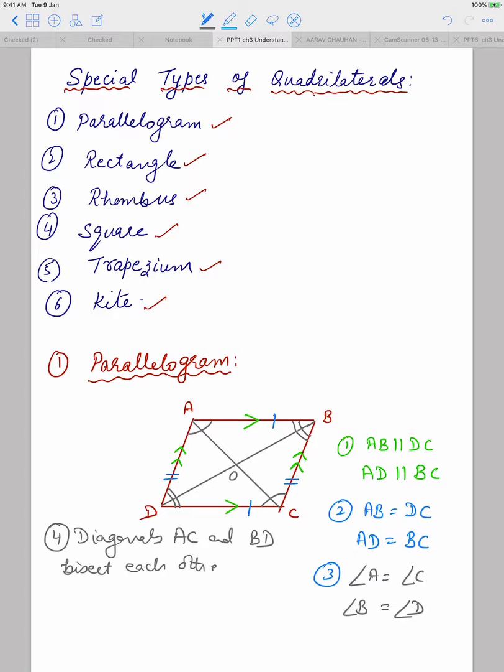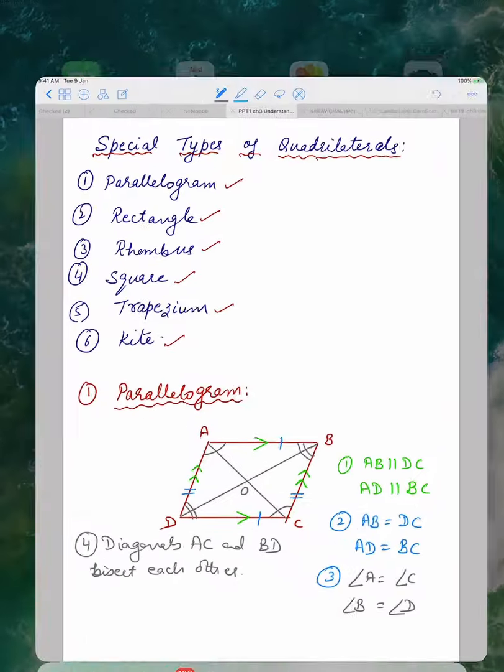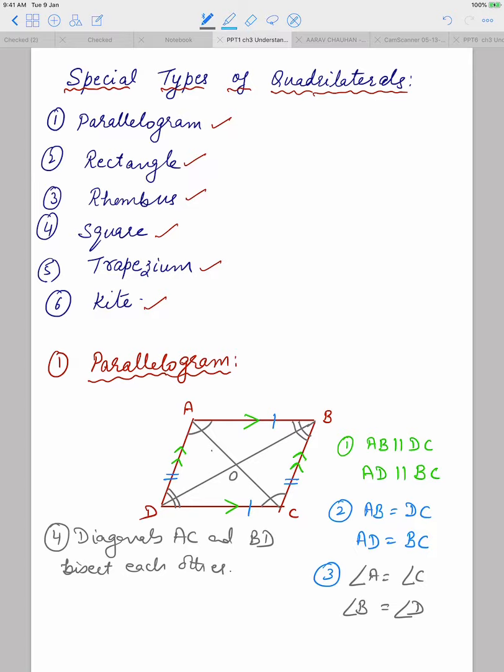What is the meaning of bisect each other? Bisect means that AO is equal to OC, DO is equal to OB. That is the meaning of bisect each other. So these are some of the properties of a parallelogram.